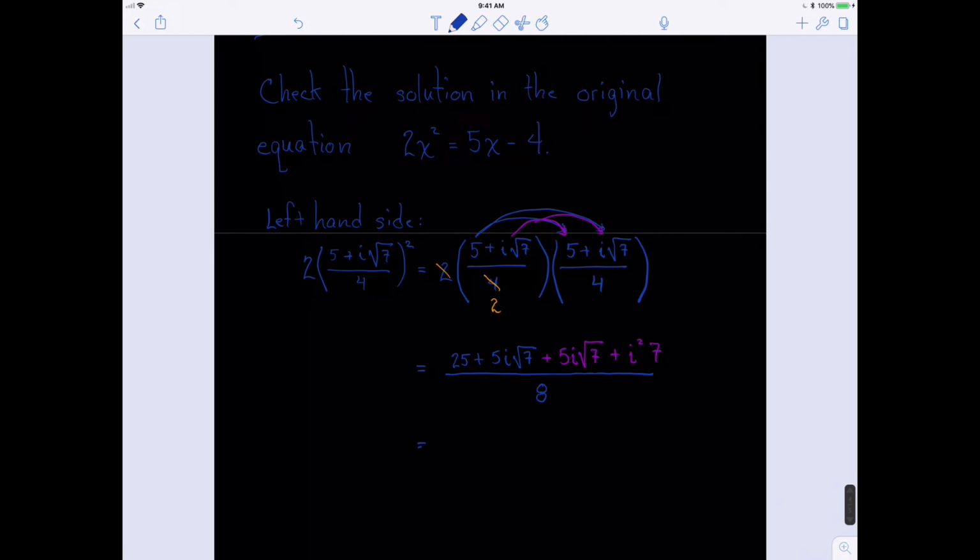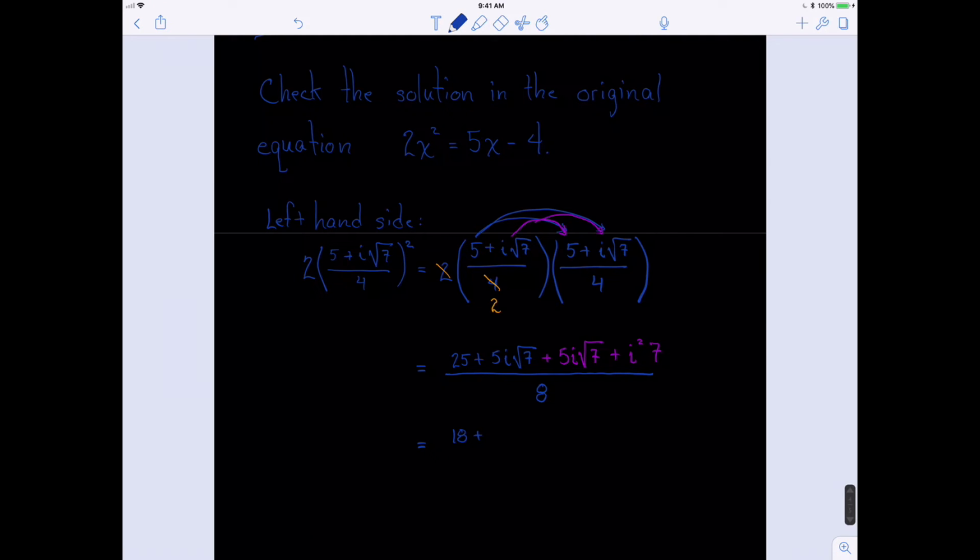Okay, notice a couple things: i squared is negative 1, and negative 1 times 7 is negative 7. 25 minus the 7 is 18. So I have 18 plus 5i times the square root of 7. And then we want to combine our like middle terms.